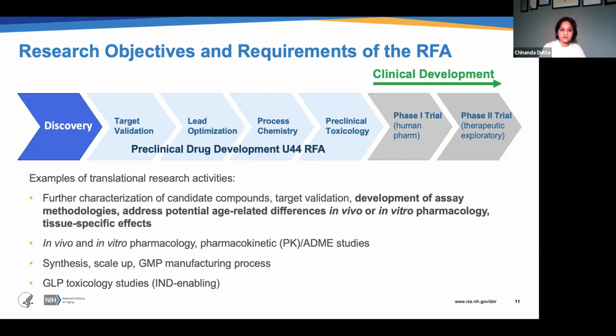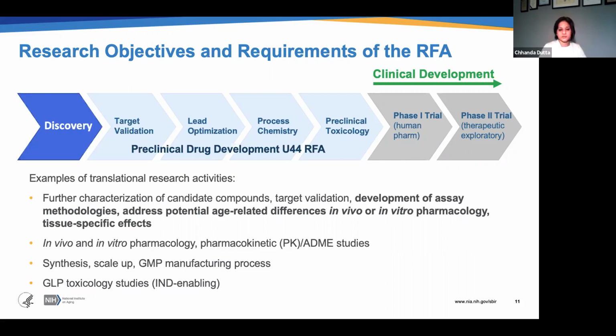And in particular, because these are geroscience focused preclinical studies, we would like for you to address potential age-related differences, sex-related differences, an opportunity to develop new assay systems, whether it's organoids or iPSC cells, to look at in vivo and in vitro pharmacology, especially in vitro human models early in the preclinical development process, and also, as Rebecca pointed out, to address any organ or tissue-specific effects that these compounds may have.